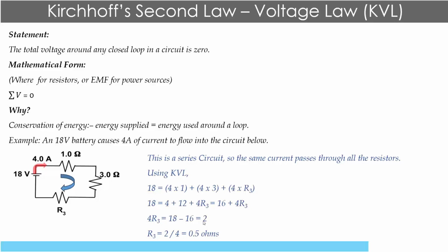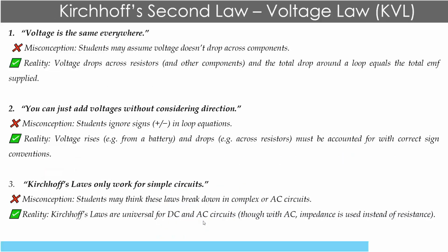Before we proceed to solving more difficult problems, I would like us to, first of all, like we did for the current law, debunk some misconceptions that students have when it comes to voltages. So the first misconception that students have concerning voltage is that voltage is the same everywhere.